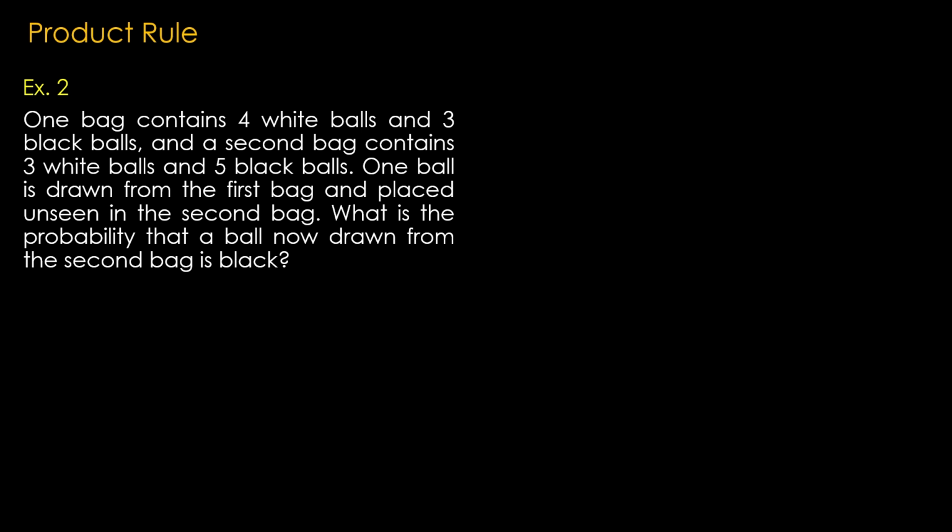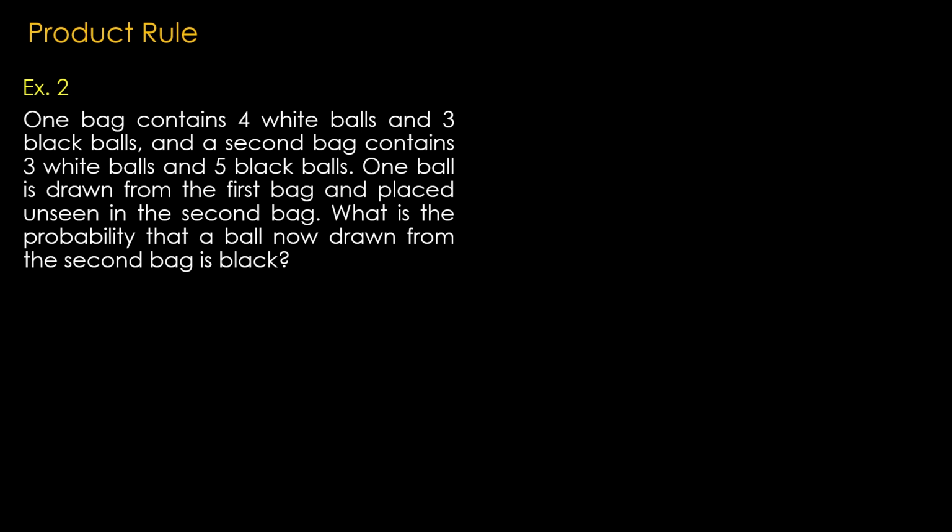We are asked to find the probability that a ball drawn from the second bag is black. This has 2 scenarios. In the first scenario, you draw a white ball from the first bag and put it in the second bag, and then draw a black ball.